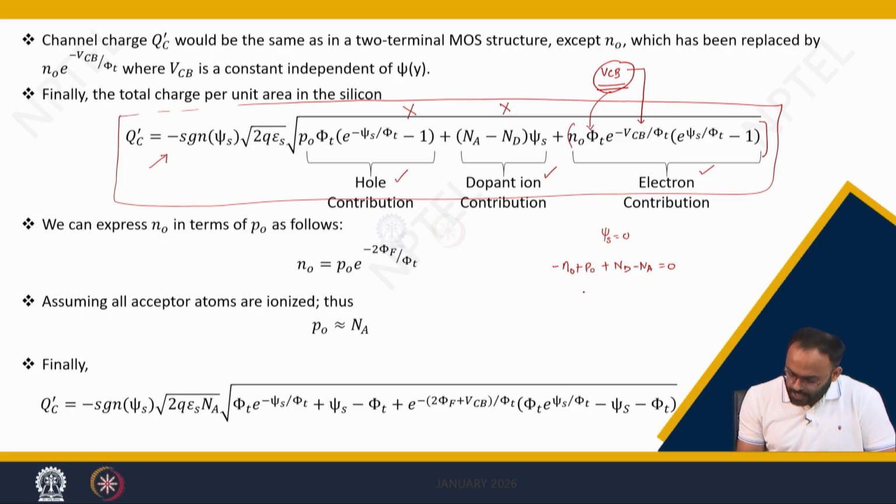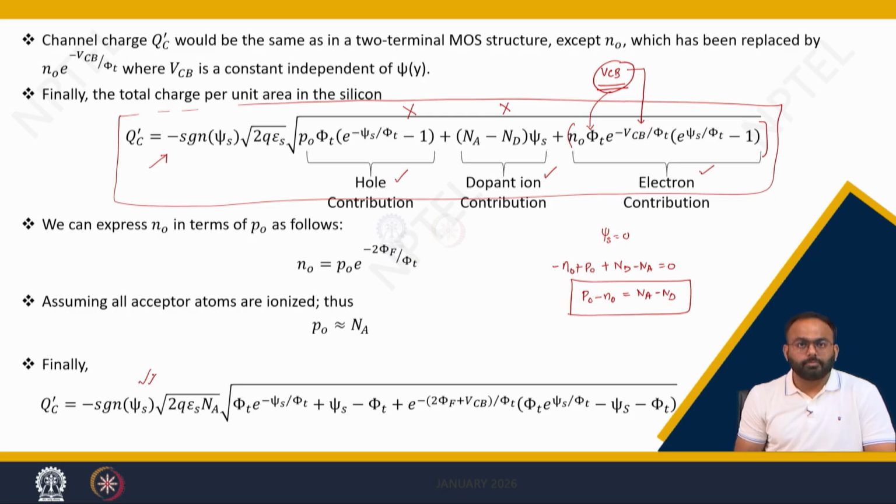If you replace P_0 minus N_0 equals N_a minus N_d, then the complete equation can be written in terms of this, where we have taken N_a, which is nothing but P_0 considering all the dopants are ionized.